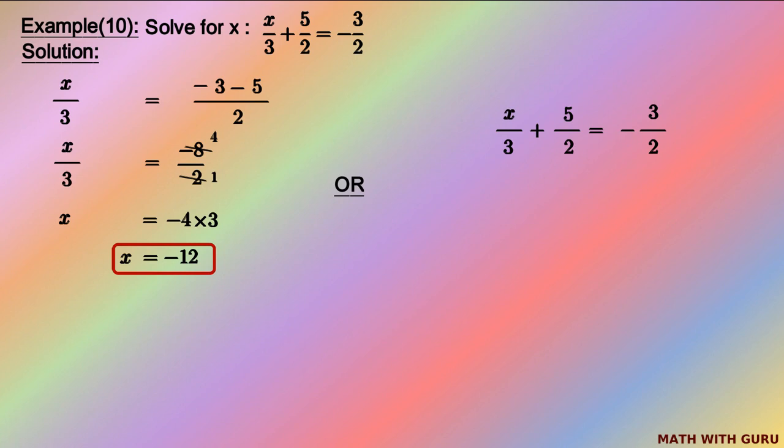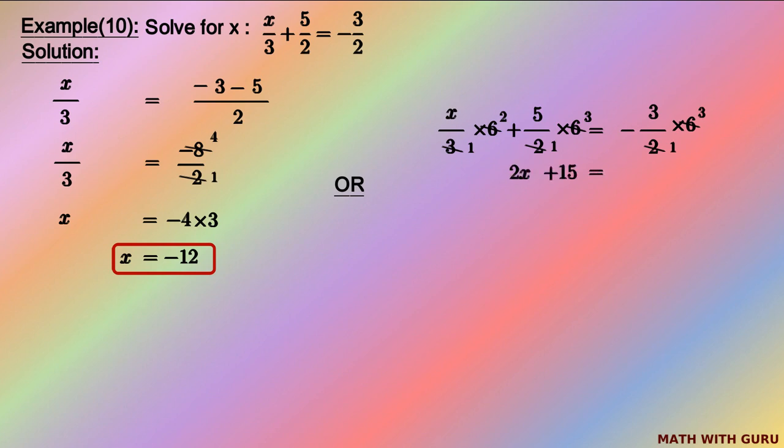LCM of 3 and 2 is 6. Since 3 and 2 don't have any common factor, their product is itself the LCM. Let us multiply each term by 6. 3 ones are 3, 3 twos are 6, 2 ones are 2, 2 threes are 6, 2 ones are 2, 2 threes are 6. What do we get? 2x plus 15 equals minus 9.